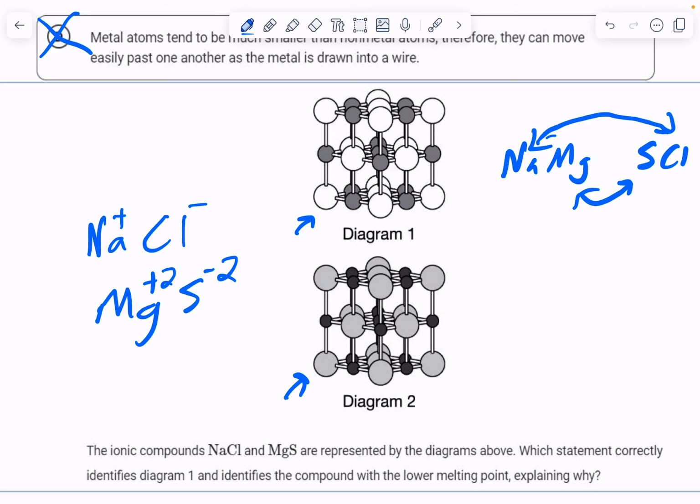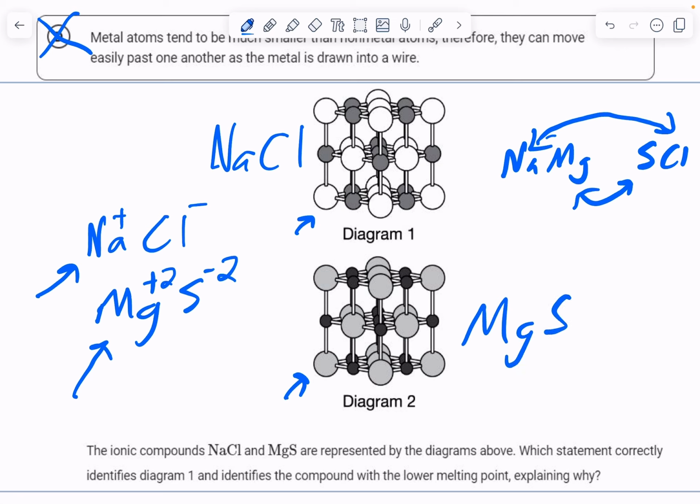But instead, it's the opposite because now we have this increased nuclear charge. Mg and S are actually going to be much different in size compared to NaCl. So diagram 1 is NaCl, and diagram 2 is MgS. There's a bigger disparity in size with MgS versus NaCl. So that is diagram 1.